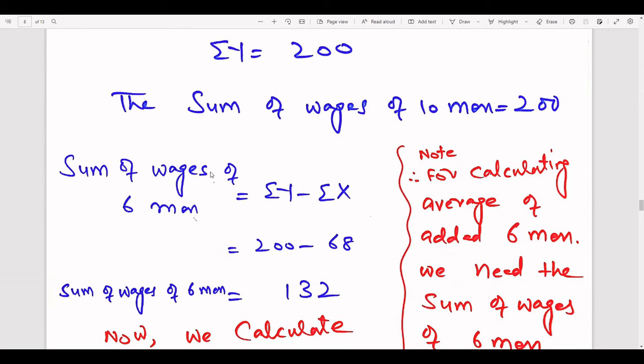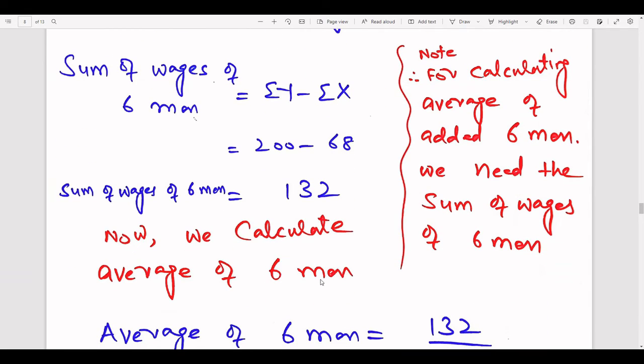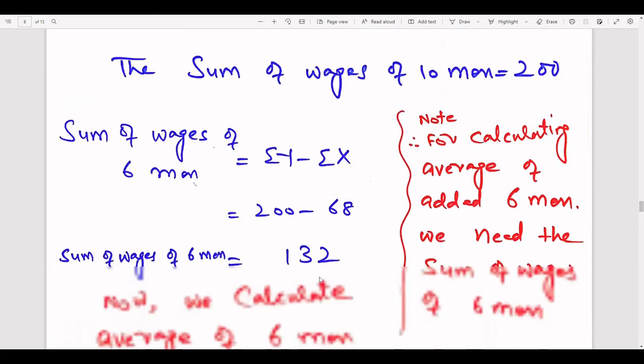So we can calculate the 6 men's wages by subtracting sum of y minus sum of x. Sum of y is 200 and sum of x is 68, giving 132. So the sum of wages of 6 men is 132. Here you can see the note.